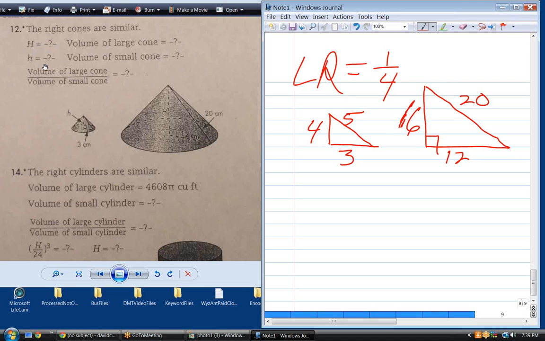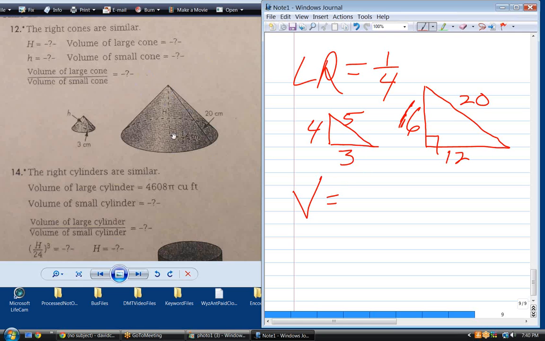The volume of the large cone. Well, what's the formula for volume of a cone? I don't know that formula. When it goes to a point, it's 1/3 always.